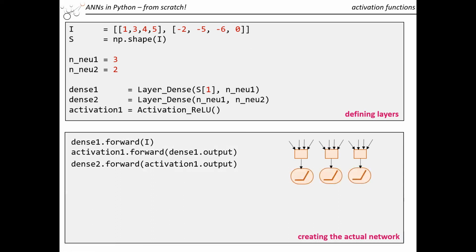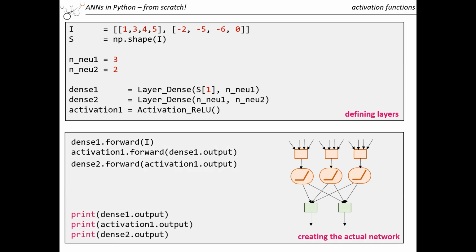And then before they pass the output on to the next layer, they pass it on to our activation function. And the ReLU is often symbolized by this graph here, just indicating that the negative values are set to 0 and the positive values are just passed on as they are. And then the information is passed on to the next layer, and those layers are creating an output.